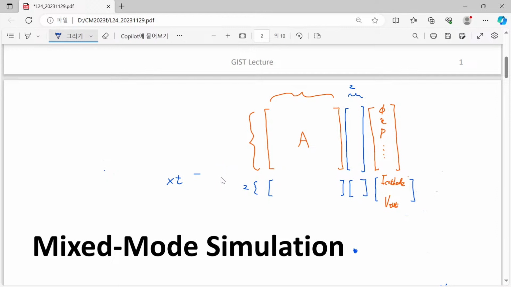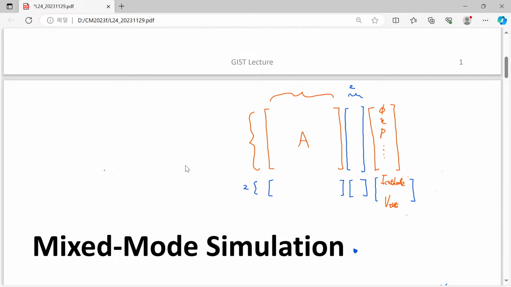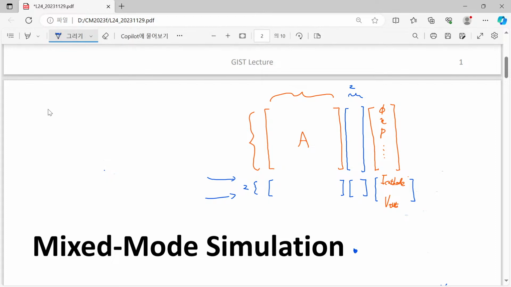Then how can we consider these two lines? Here we have two new lines, and the first new line corresponds to our cathode. In this case we can say that I cathode is given by integrating our Jn value and Jp value over, let's say, the cathode surface.